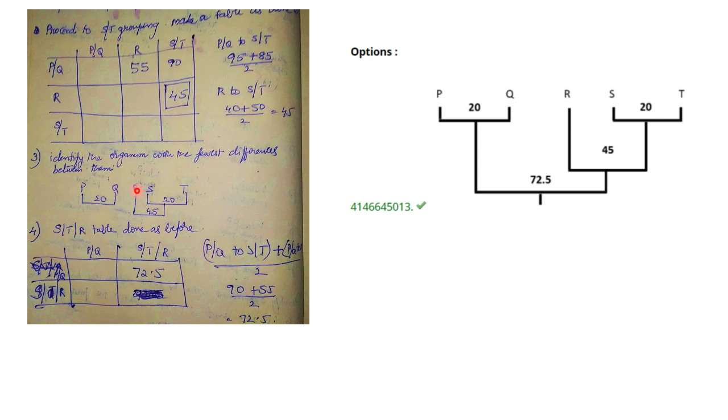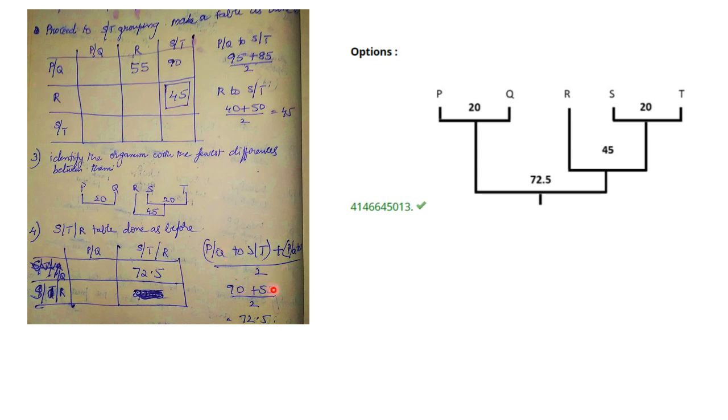Now next you have to construct a STR table which is also done as previously. So PQ STR. Now PQ to STR, that will be PQ to ST, that is PQ to ST is 90, and PQ to R is 55.